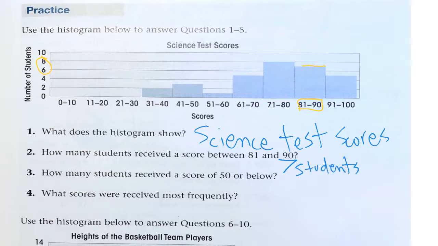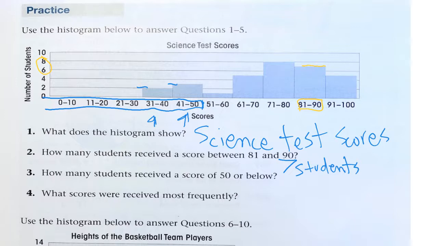So we label it. Number 3, how many students received a score of 50 or below? So we can see that 50 or below is anything to there. So how many students? We've got this bar of students, and here we've got 2 and the number halfway between 2 and 4, which would be 3.